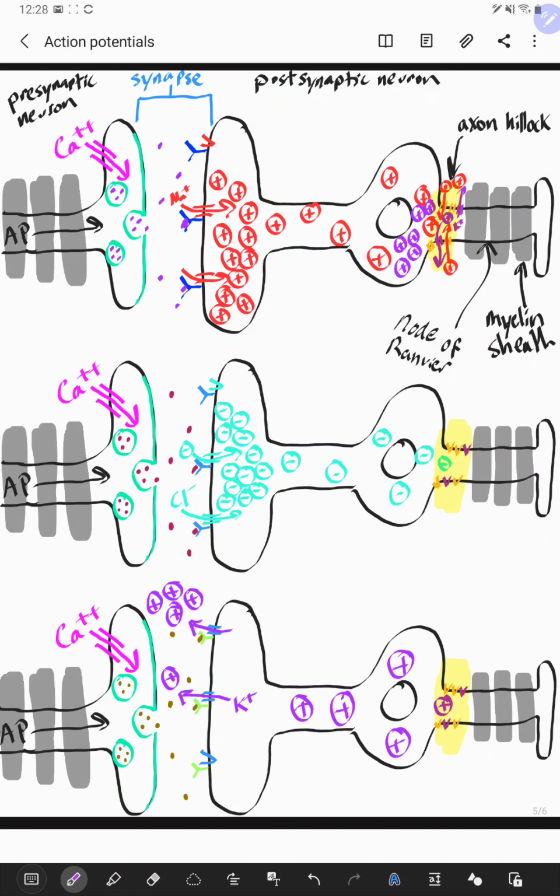So the potassium is leaving, and all of the potassiums that were located in this region of the cell left. And when they left, these other potassiums in this region spread out, moving to the left.